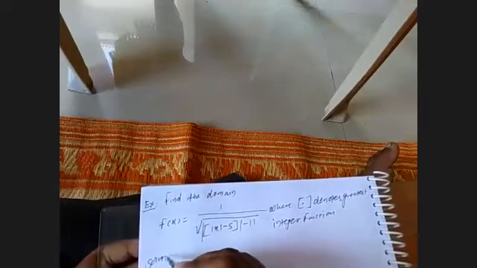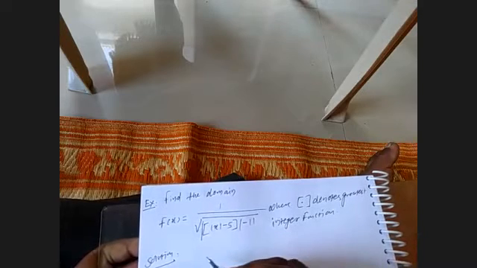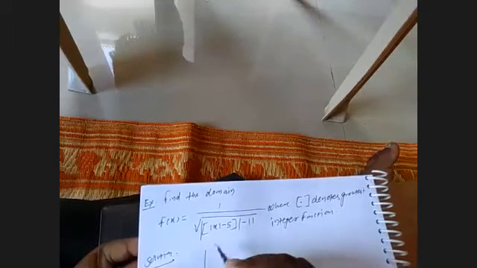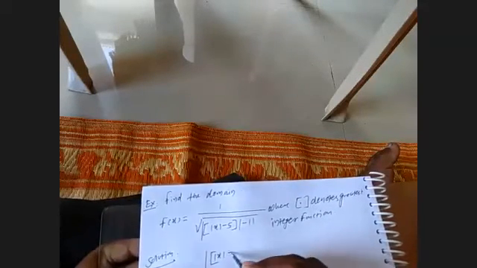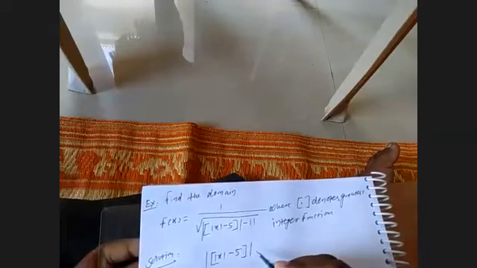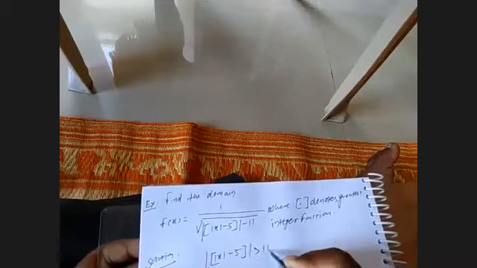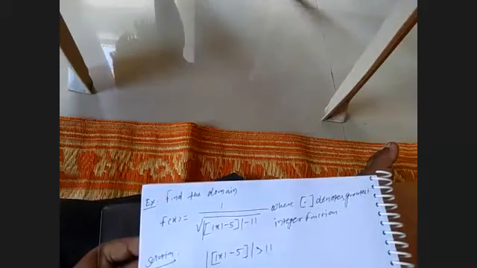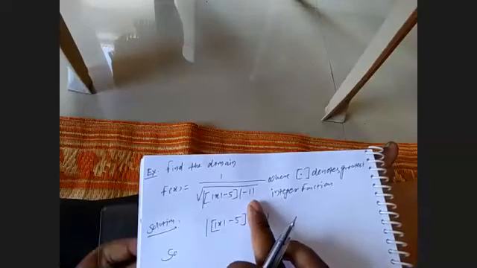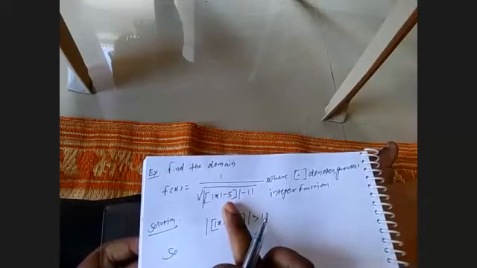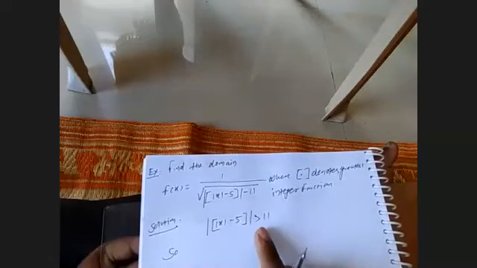Solution. The greatest integer function mod x minus 5 minus 11 must be greater than 0, so the greatest integer function mod x minus 5 is greater than 11.